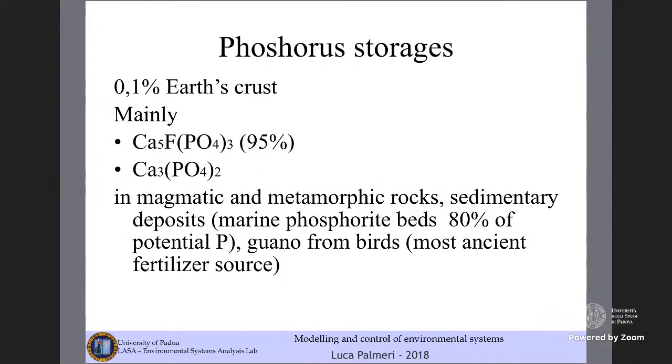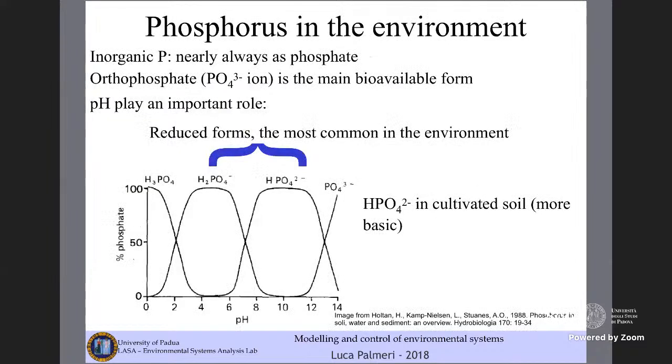Phosphorus storages: 0% is on the earth, 0.1% is in the earth crust, in various forms of calcium, calcite forms, magmatic and metamorphic rocks. The phosphorus processes in the environment are strongly dependent on the pH.